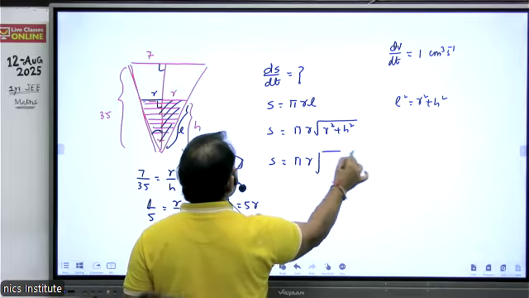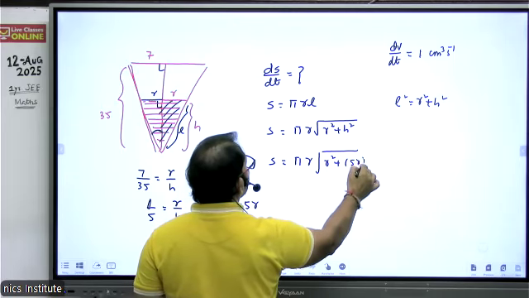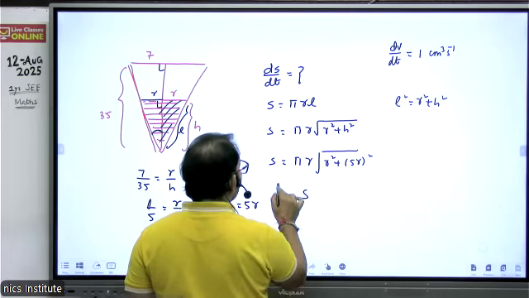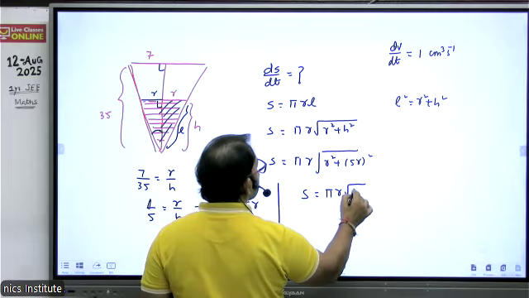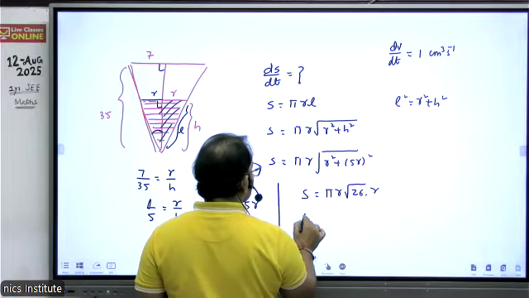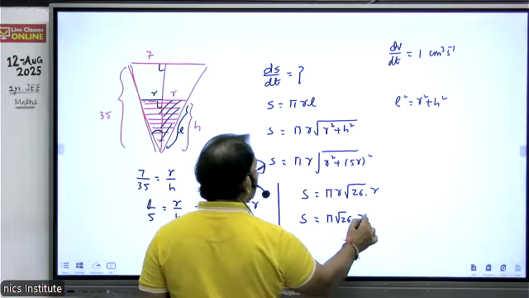So I replace h by 5r. So r square plus h, which is 5r, whole square. S will be pi r into root 26 r square. r is out. The surface area is pi root 26 r square.